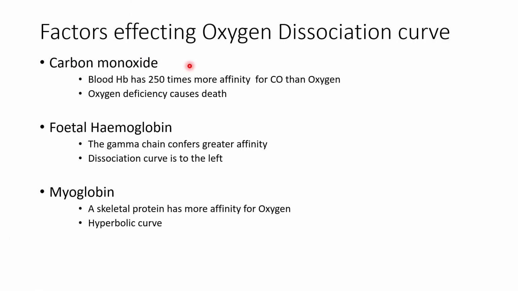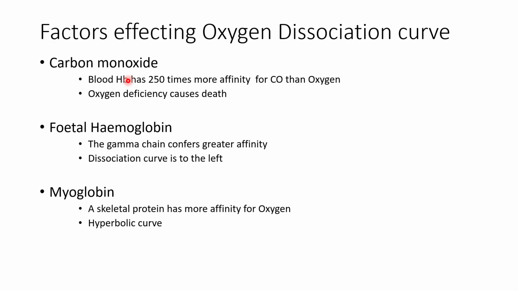But there are other factors also which are going to affect the oxygen dissociation curve. The first is carbon monoxide. The hemoglobin in our blood has 250 times more affinity for carbon monoxide than oxygen. So carbon monoxide will react with hemoglobin, forming carboxyhemoglobin, and because of which oxygen cannot bind to hemoglobin.